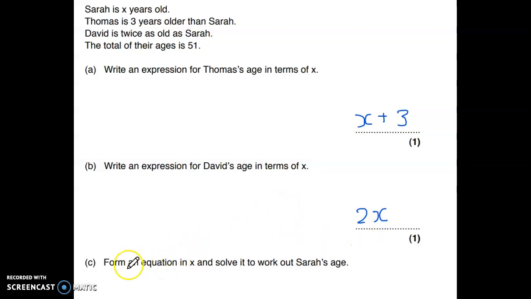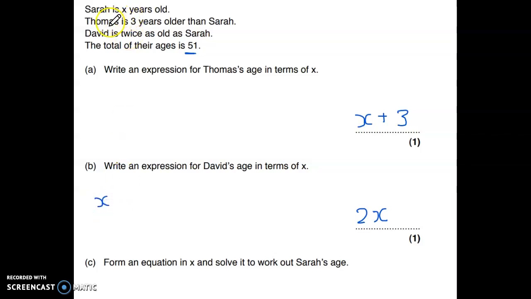Then finally it says, form an equation in X to work out Sarah's age. Well, for this one, we're going to need to use the total is 51 there. So we know that Sarah is X years old.